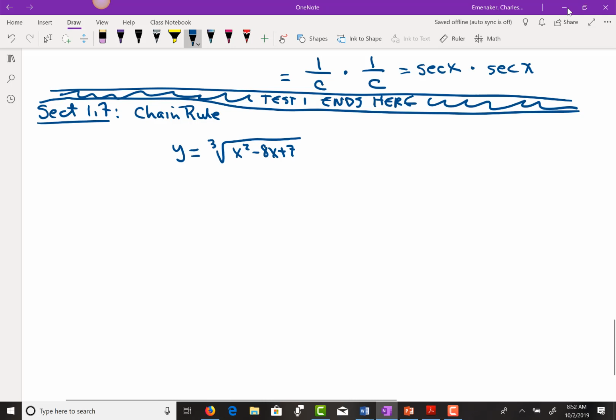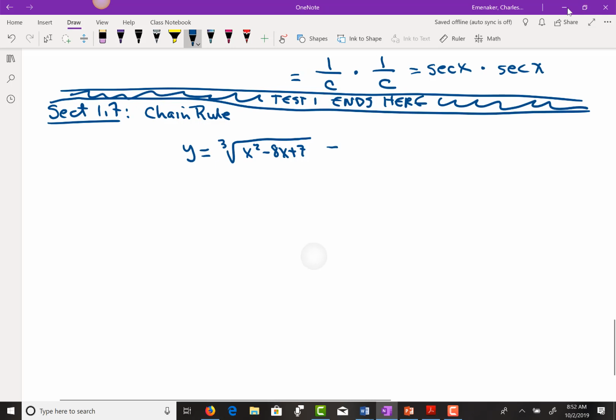That cube root's applied to the whole thing, isn't it? This can be rewritten as the x squared minus 8x plus 7 to the, what is the exponent of the cube root? It's a 1/3. That's kind of like a birthday present. The outside of it is the wrapping paper. Raising it to the 1/3 power is the wrapping paper. Okay?